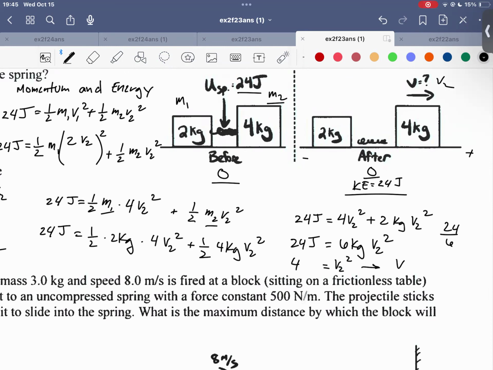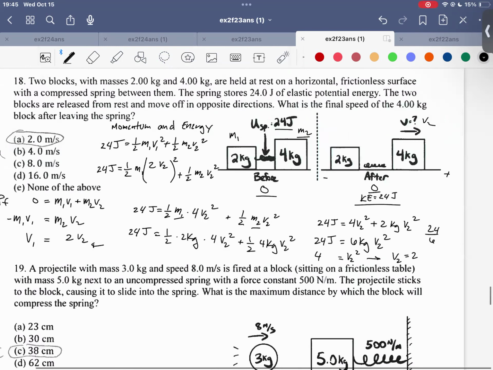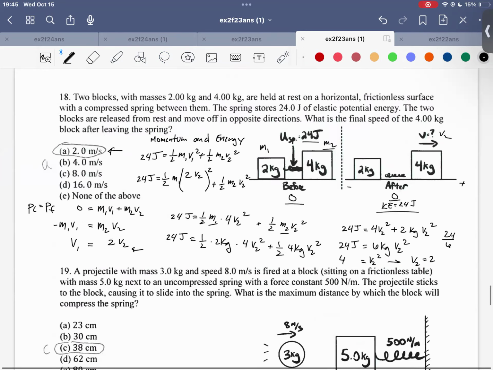And so then when you solve, v2 is equal to 2. And that's our answer. Yeah, that was harder than I thought. Maybe there's a faster way to do it, but this seems to be the most effective way.